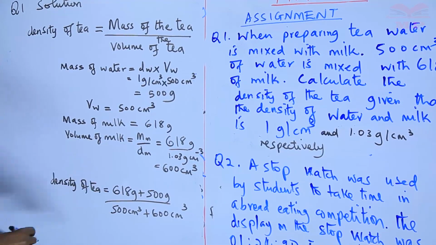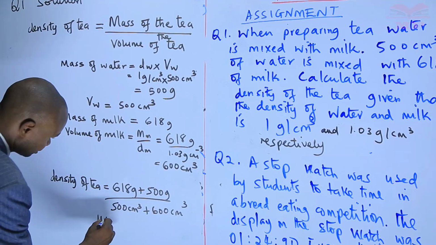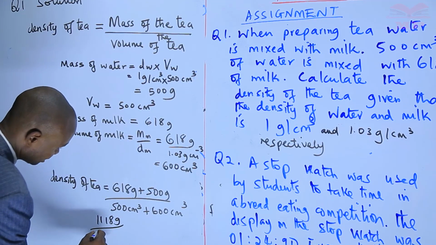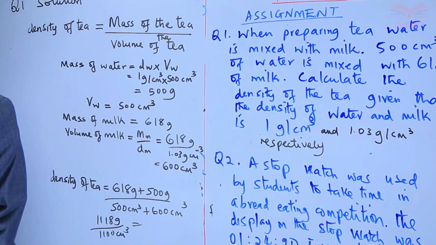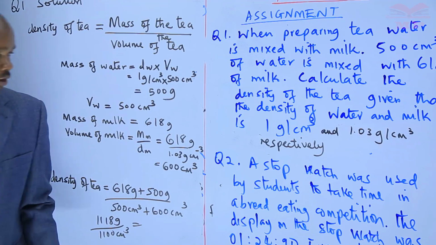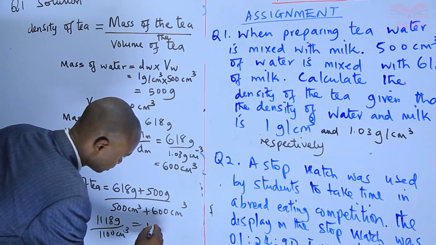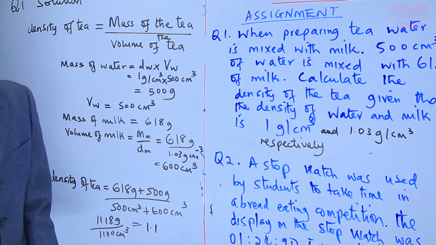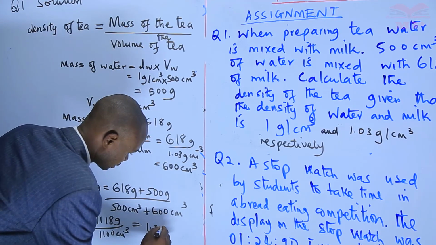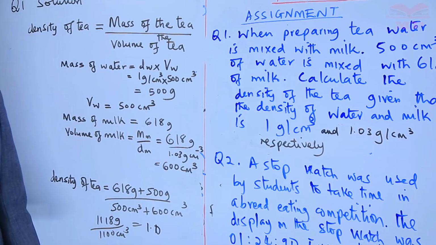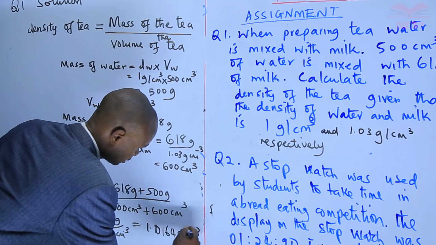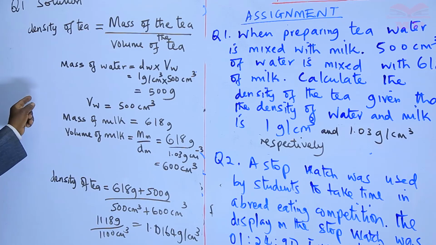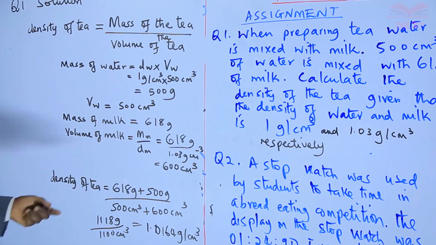So we shall end up having 1118 divided by 1100 centimeters cubed. If you work out that well, you shall end up having 1.0164. That gives us the density of the tea.